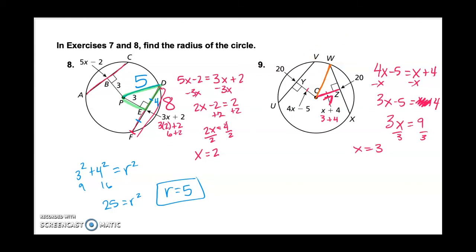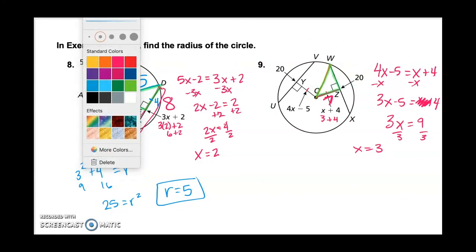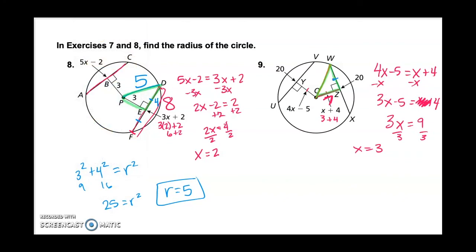As long as it makes a right triangle, it should do what we need to do. Now we've got this right triangle. Remember that this is being bisected, because we know that that's perpendicular from the center. So this is going to be 10, this one's 7. We need to find this radius here.